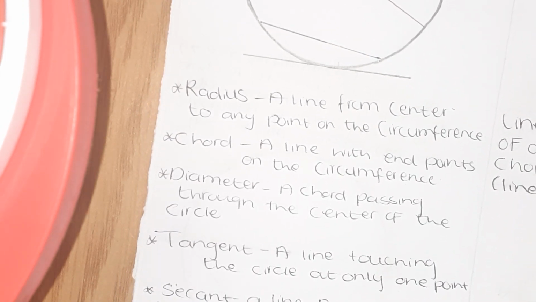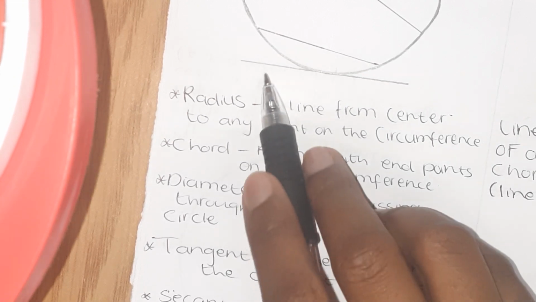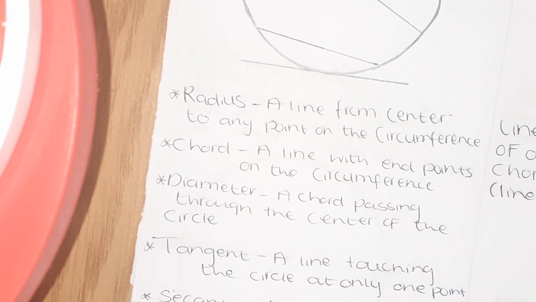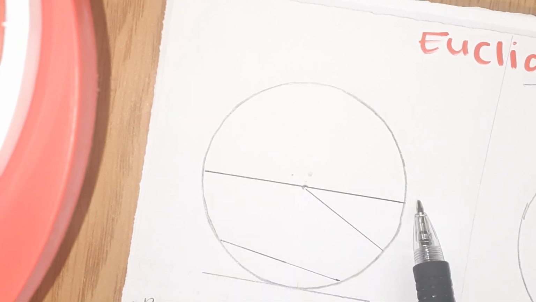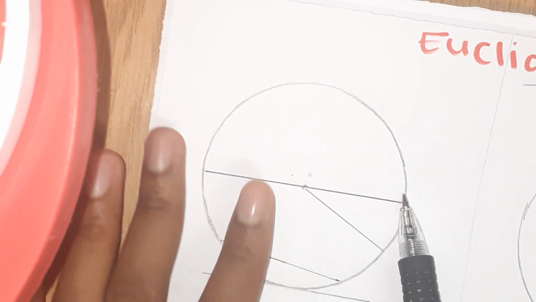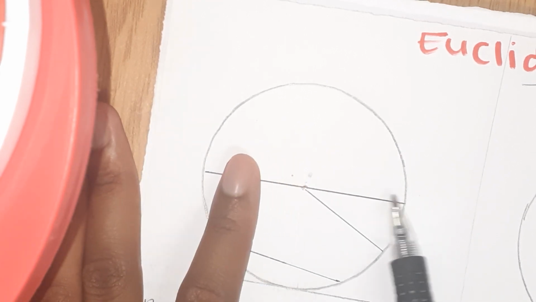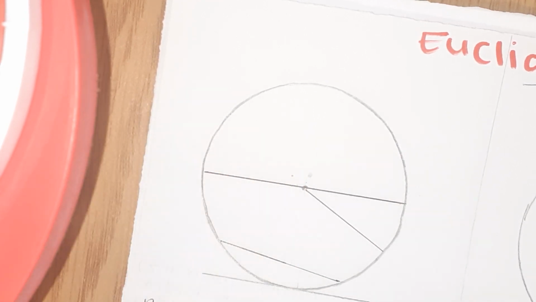A diameter is a chord passing through the center of the circle, right? This is a chord, but this one passes through the center. It is no longer a chord, it is a diameter. If you shave off this part, it will become a radius, right? So a diameter is always 2 times the radius.